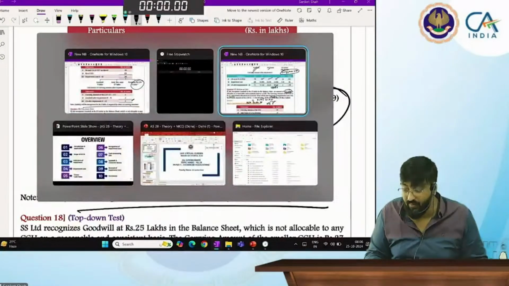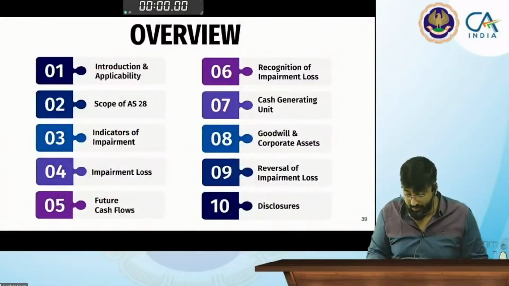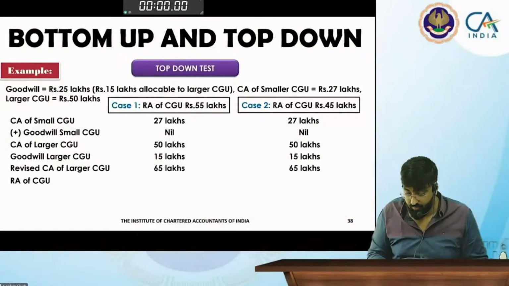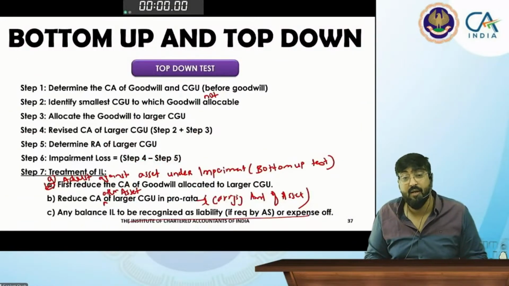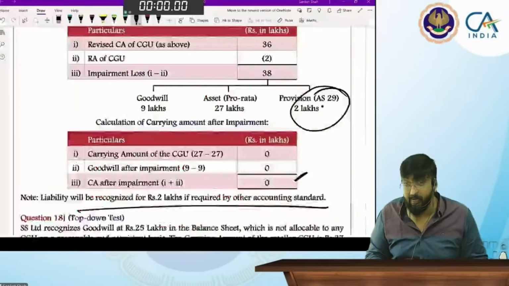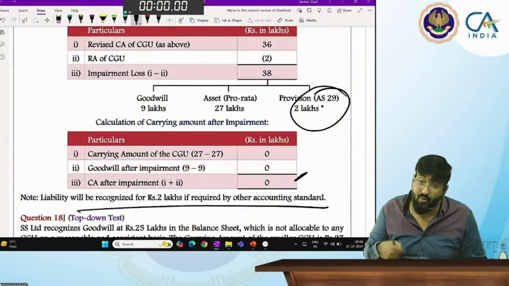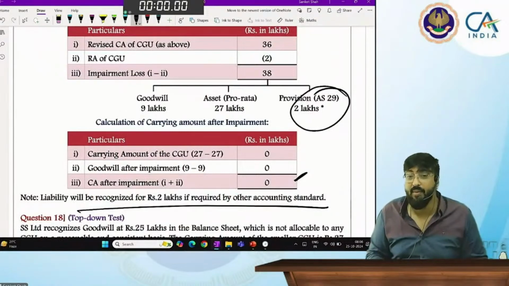I had told you one line, I will explain later. Any balance is to be recognized as a liability. So if you are recording impairment loss above 0, then it will be covered under another accounting standard, in AS29, we will see that. So impairment loss cannot exceed 0. And if you want to show it exceeding 0, you have to record it as a liability with another accounting standard. Got the concept?